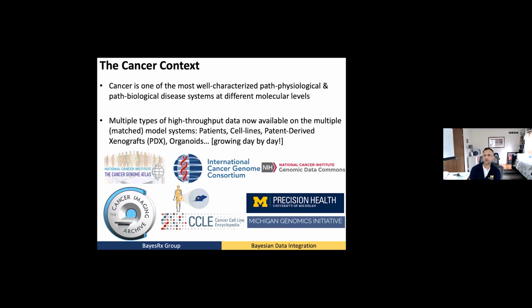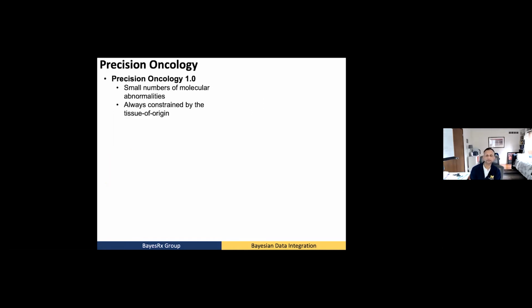These include big national and international consortiums, but also accompanying consortiums like the Cancer Imaging Archive, as well as within our own institution, with Precision Health and the Michigan Genomics Initiative being some case examples. So at a high level, what is our goal in developing methods, and what sort of questions do we answer?